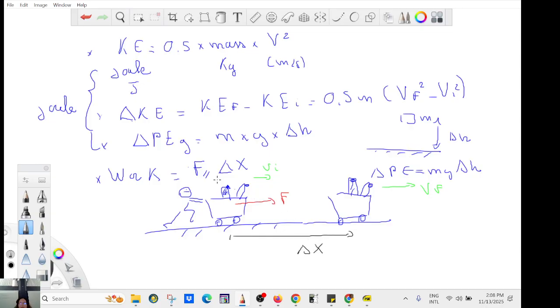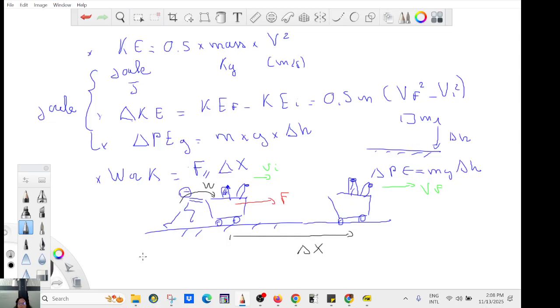Then you are transferring energy from you to the cart. That energy is going to go into changing the kinetic energy, increasing kinetic energy. So you are burning fuel, you are using ATP, right? And you are transferring that energy from you to the cart.